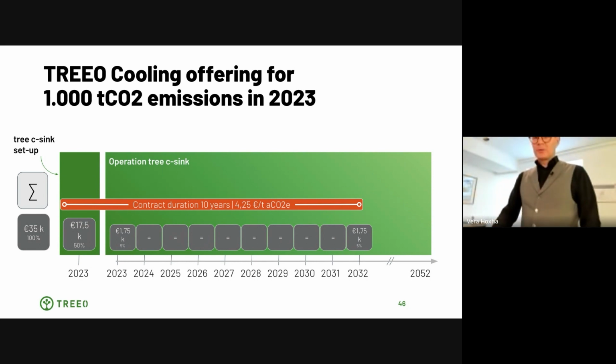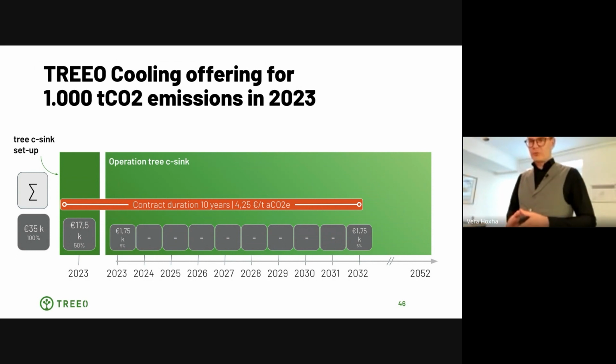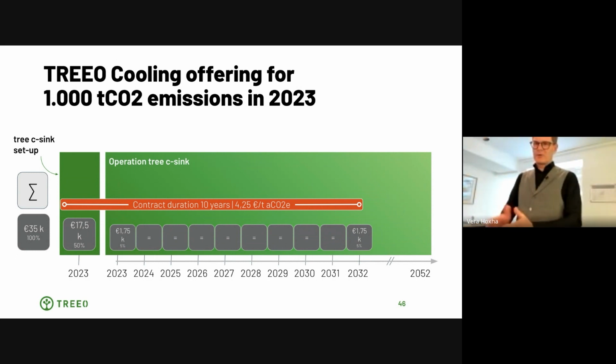And our business model is, as you probably know if you talk to us about our contracts, that there's an initial phase, 50% upfront payment to install the carbon sink so that it exists there. We go to nurseries, we plant trees, we build up the infrastructure, we also check the land for eligibility. So most of this work for forests has to be done in the first 1 to 2 years.